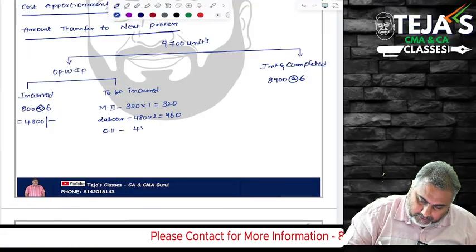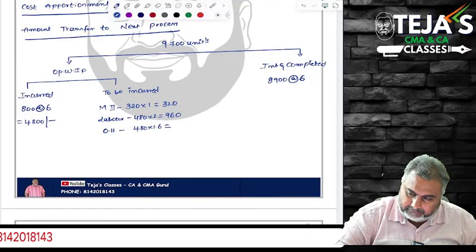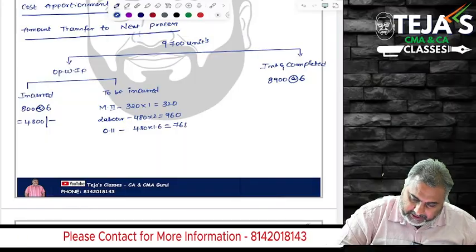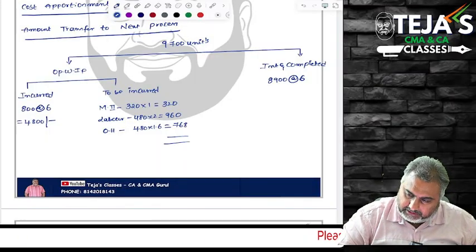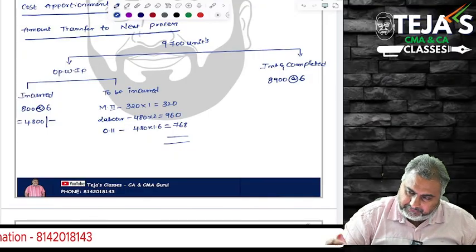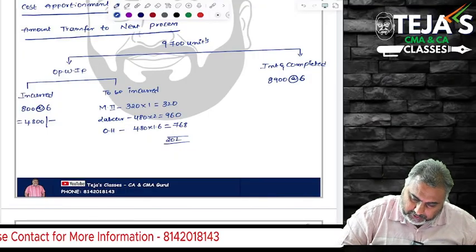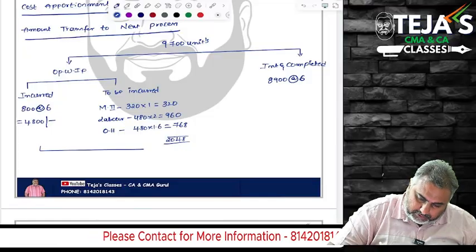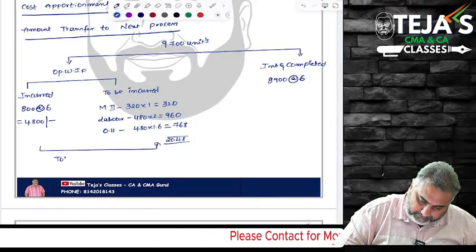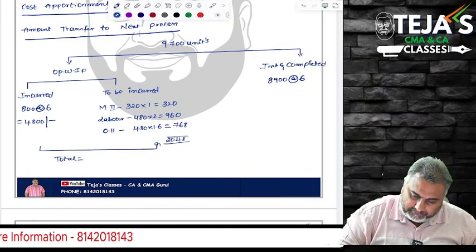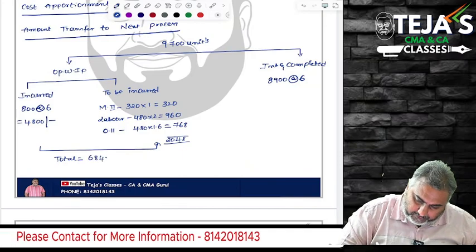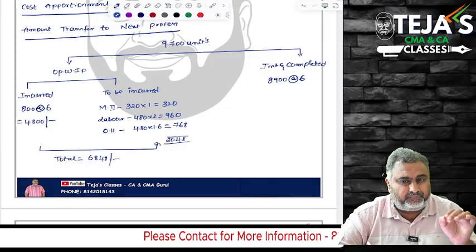Overheads 480 into 1.6, 768. Plus 960 plus 320, 2,048. The total, plus 4,800. So 6,848.